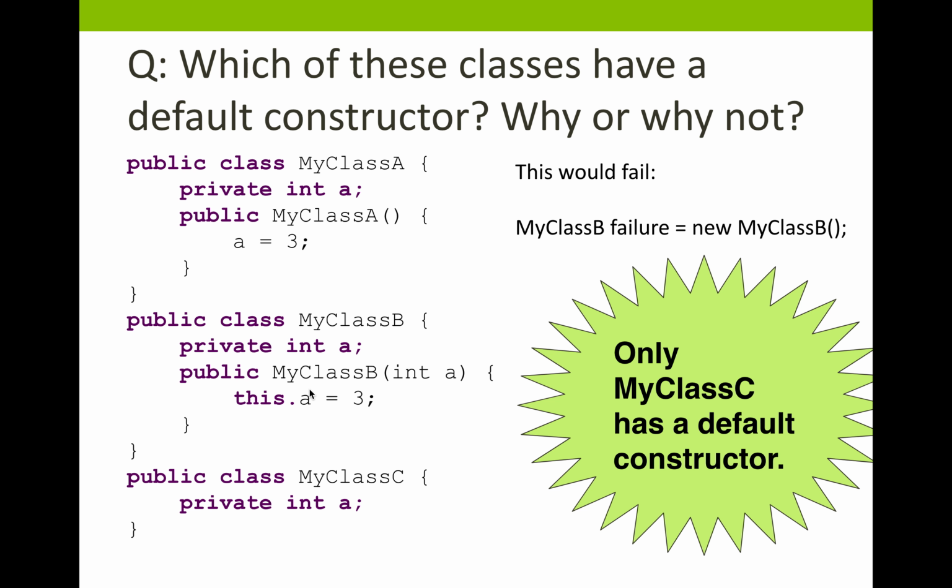It does nothing for you. It says you know what you're doing, you're on your own, kid. So I'm not creating the default constructor. So you only have one constructor in this class and it takes one parameter. So if I were to call new my class B with no arguments, then it'll fail because there's no constructor in class B that has no arguments.